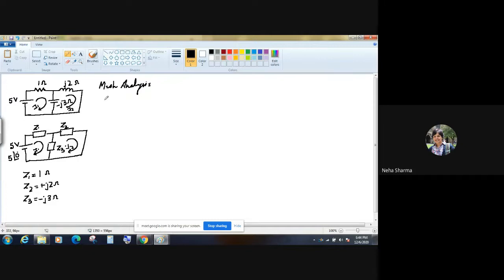I again try to write an equation. So I apply KVL in loop 1. Then I get 5 is equal to I1 times Z1 plus Z3. Now the two currents are in opposition, as a result minus I2 Z3.